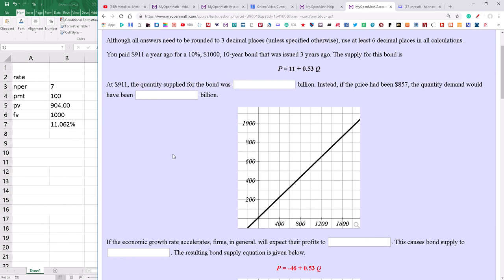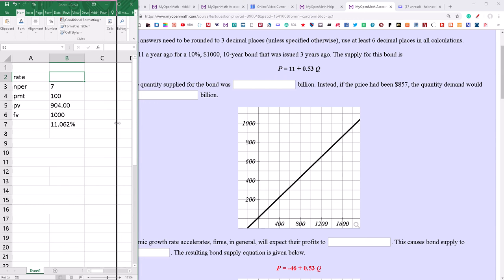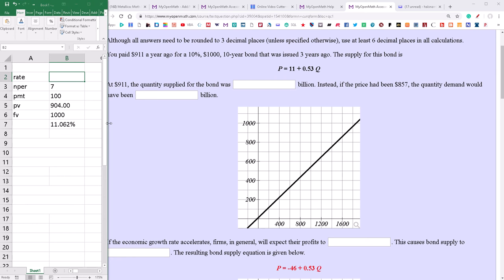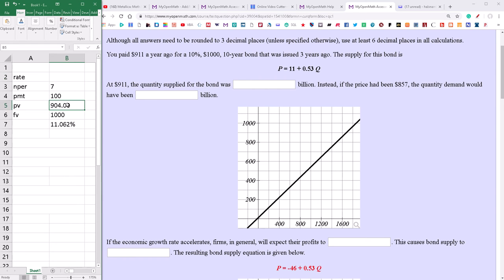Okay. So we paid $911 for this bond. It was a 10% bond, $1,000 face value, 10 years, that was issued 3 years ago.